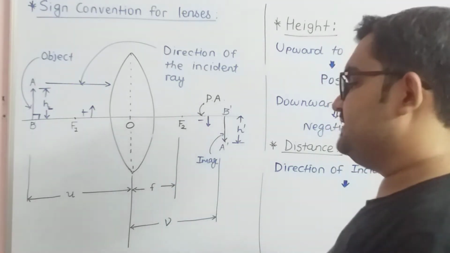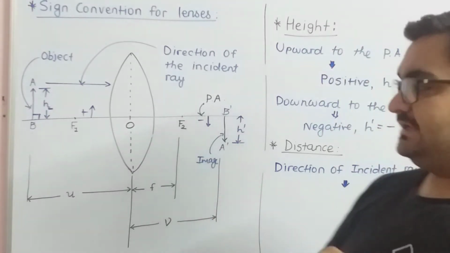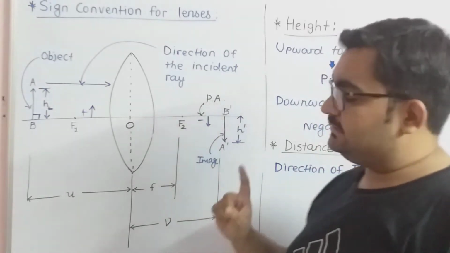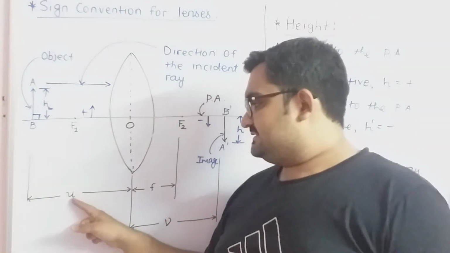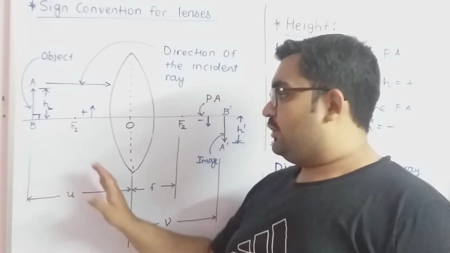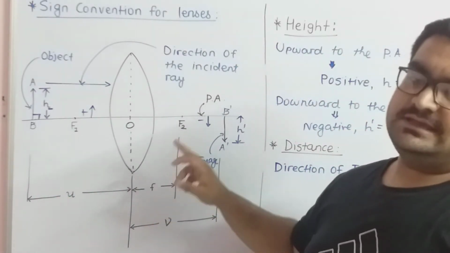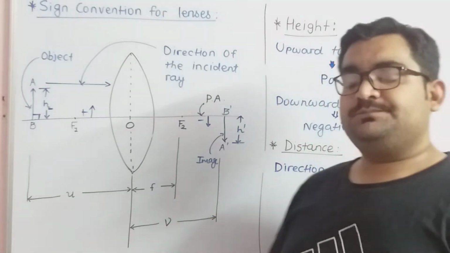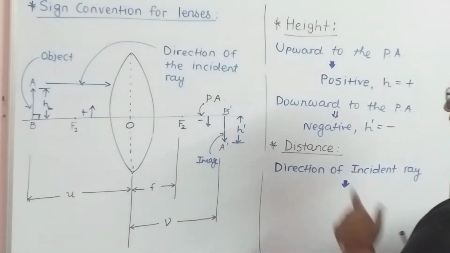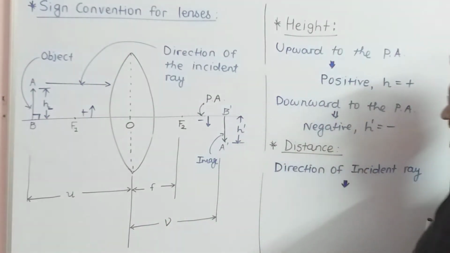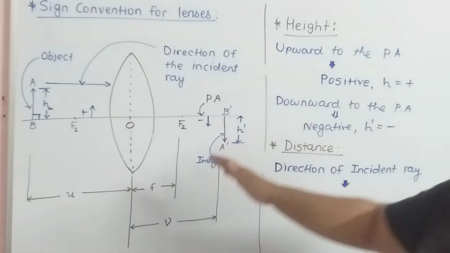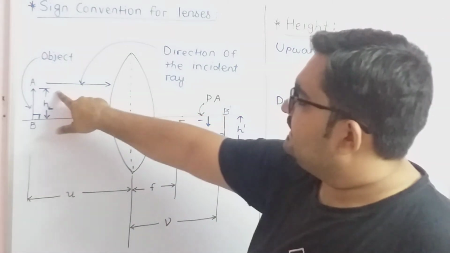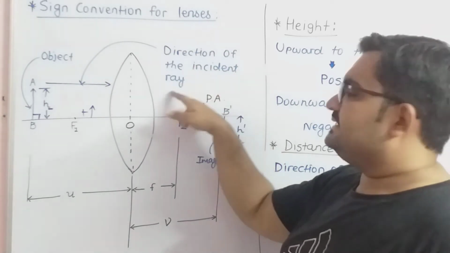Now we will discuss distance. First thing, here we measure all the distances with respect to the optical center O. Here u is denoted as the object distance, f is denoted as the focal point, and v is denoted as the image distance. So first point, distance we always measure from the optical center O. Now here you can see the direction of the incident ray.